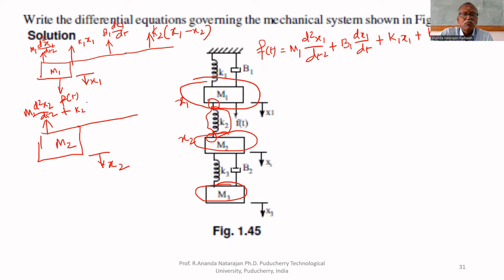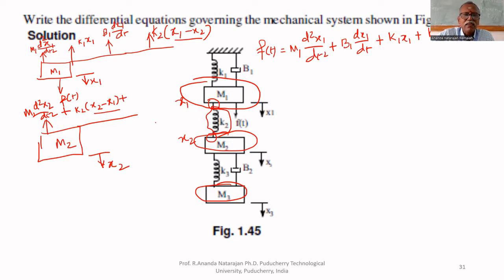Therefore, K2 multiplied by x2 minus x1, because x2 is the reference. Earlier we wrote x1 minus x2 while considering M1, but here, while considering M2, we have to write x2 minus x1. That is the only difference.